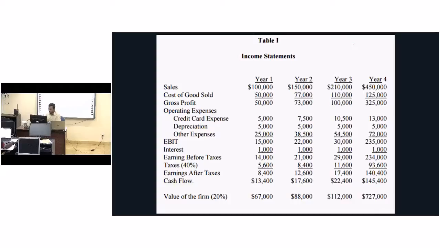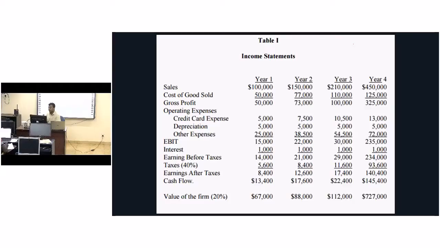In the first year the GP ratio is 50%. In the second year it is 48%. In the third year it is around 47%. Fourth year, it's a big one.